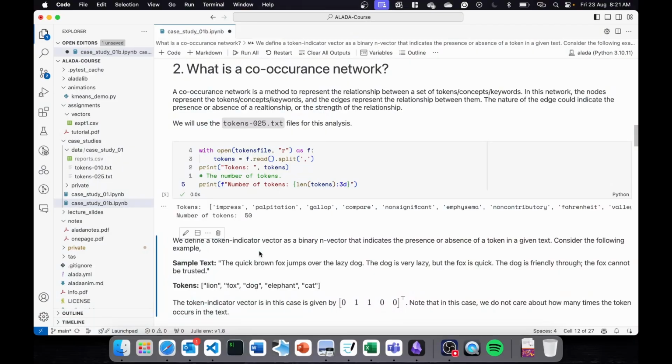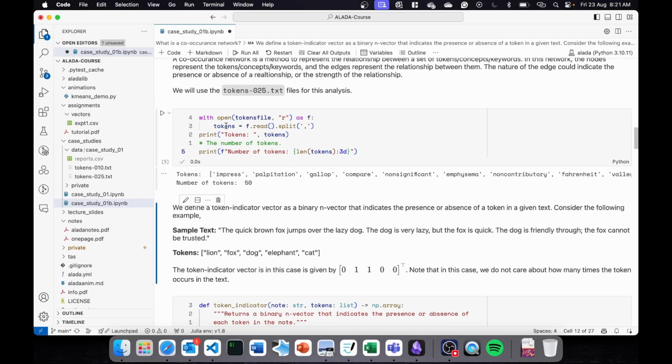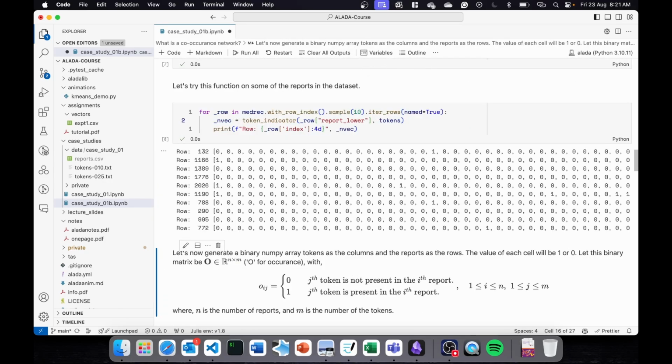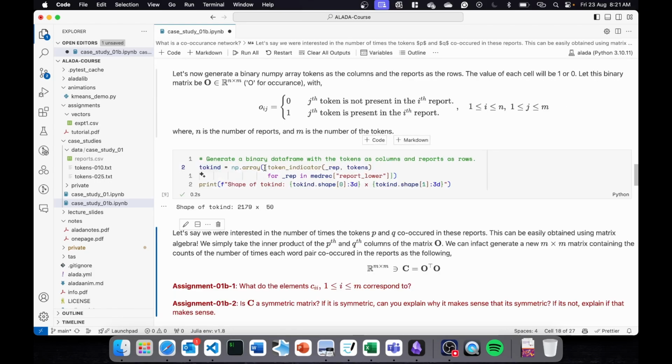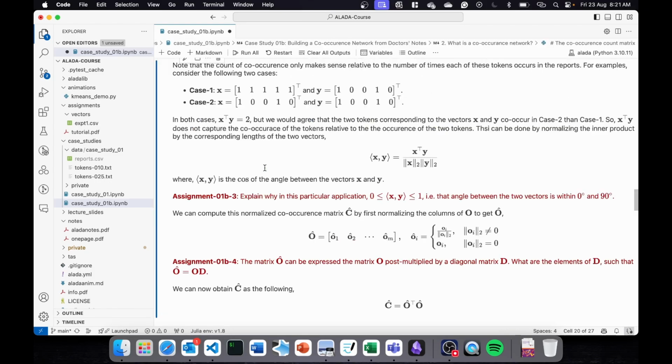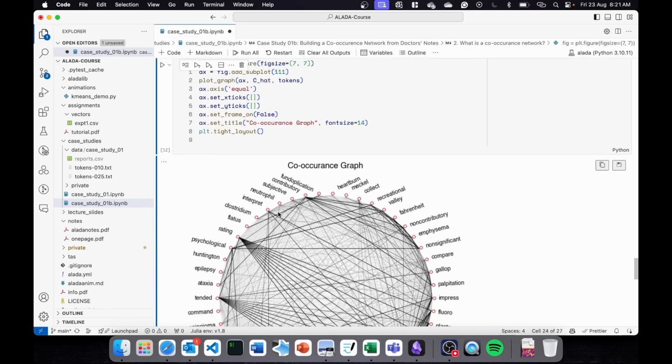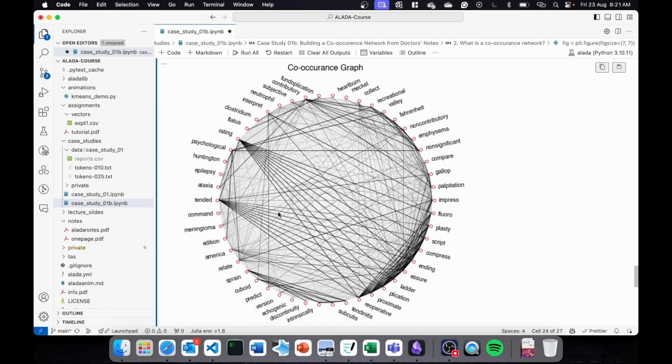So that's what I've done in this notebook. These are the rows from the occurrence matrix O. Whatever I've said here, I've explained it here, so I will not go through that. If you build this co-occurrence graph, you get something like this.